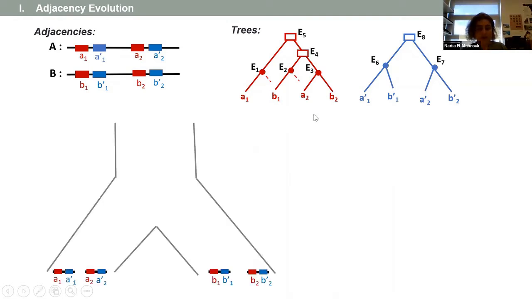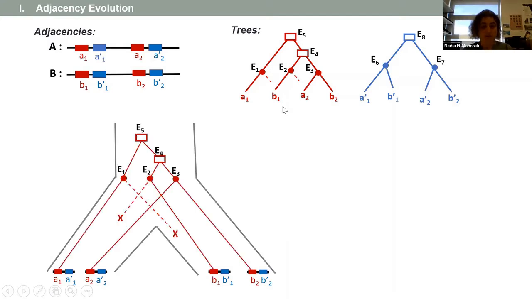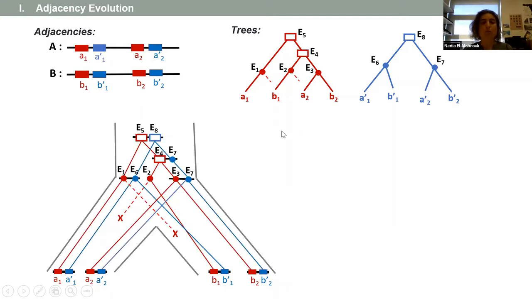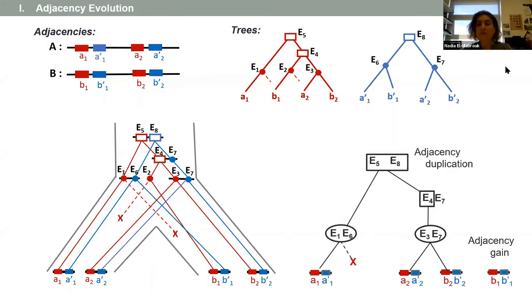And then here is the species tree, A and B, and if we put the red tree here and the blue tree here, now we are interested in the evolution of the adjacency. So this is an inferred history of the evolution of adjacency. So this history here gives the output of the algorithm.